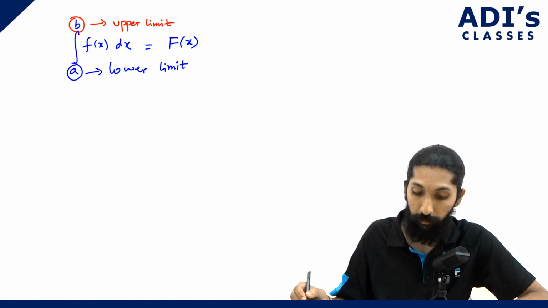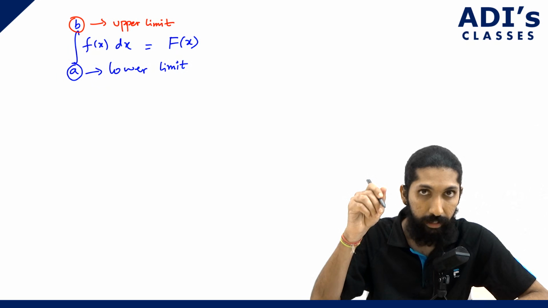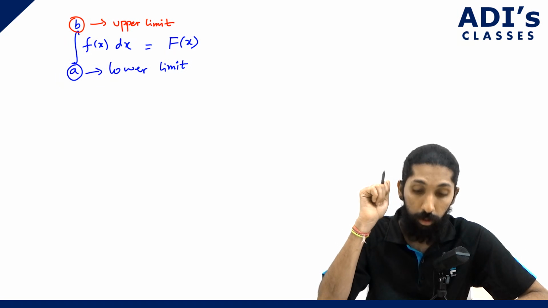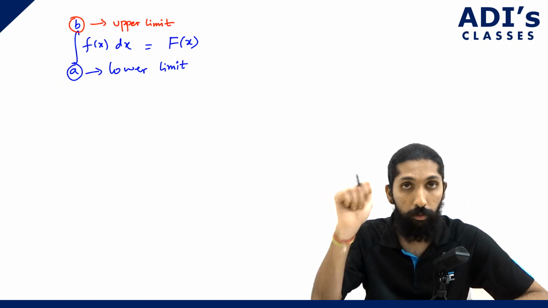All right, so we have a lower limit and an upper limit. Now, once you integrate and get the resulting function, you apply the value of the upper limit, and you apply the value of the lower limit.